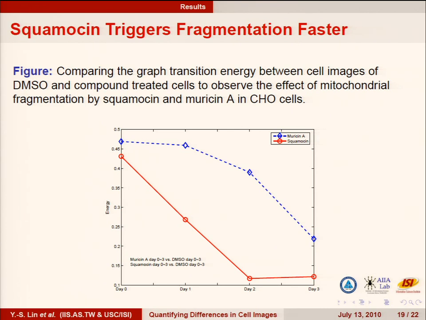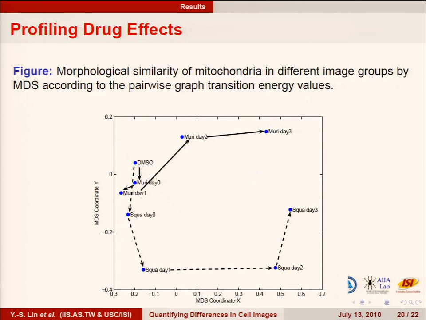And you can see that Squamocin treatment changes fragmentation faster, with pairwise transition energy values related to scaling dimension, and we can show their relative difference in transition energy, and we can show that given the number of treatments, how they change, and then we can create the difference.